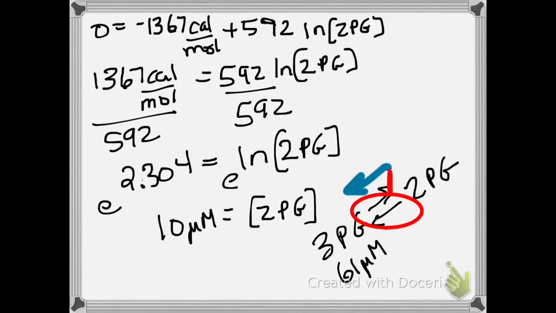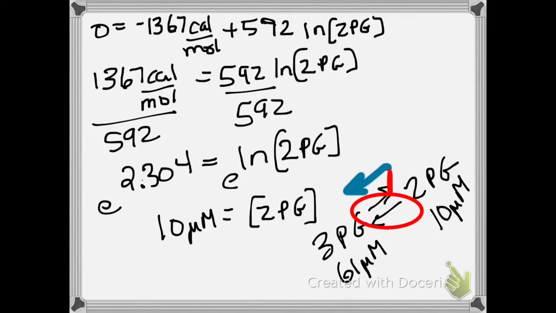And so based on our calculations, we figured that at equilibrium, so when delta G prime is 0, we just calculated that the concentration of 2-phosphoglycerate will be 10 micromolar. And so at that point, the reaction stops going forward. It actually doesn't go backward either, it just stops.